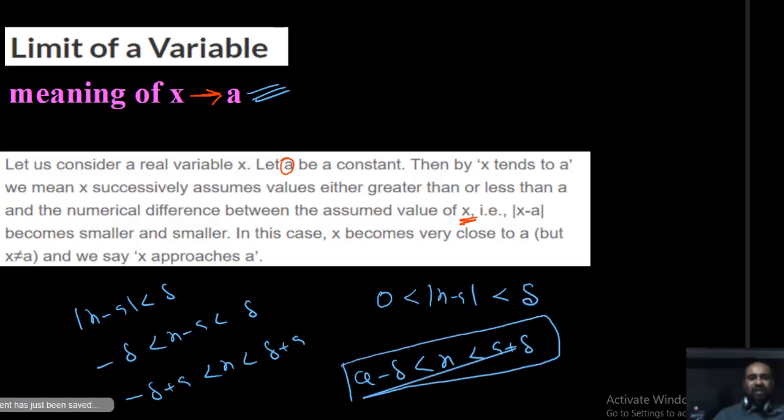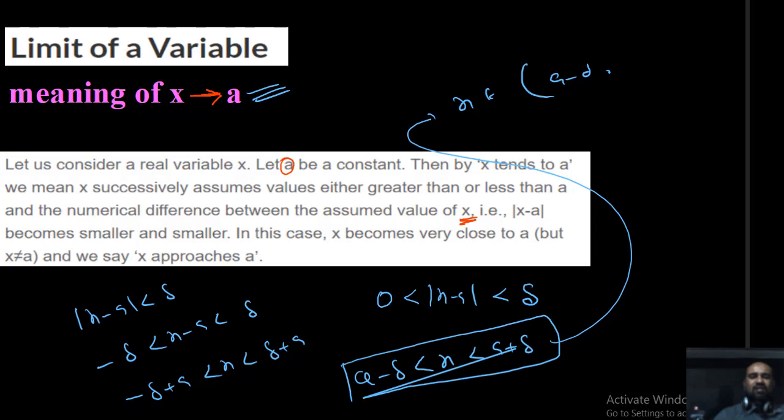In other words, this can be written as x belongs to open interval a minus delta, comma, a plus delta. x is any real number which belongs to the interval a minus delta to a plus delta. What is the meaning of that? x is defined in the deleted neighborhood of a.